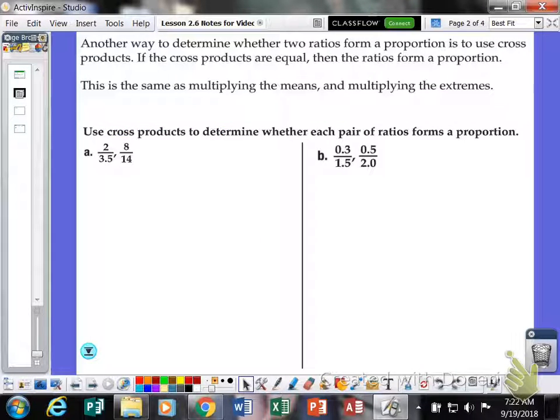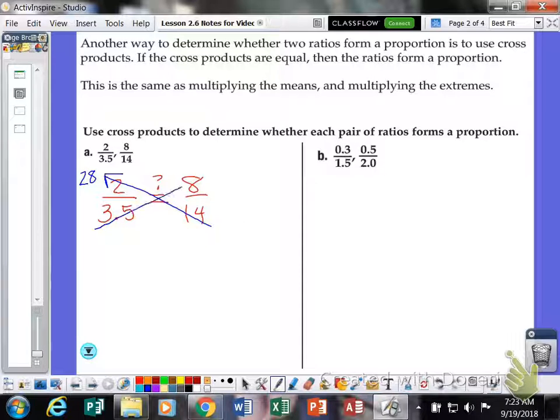All right, another way to determine whether two ratios form a proportion is to use cross products. So if the cross products are equal, then the ratios form a proportion. So what does that mean? We have a ratio 2 over 3.5, or 2 to 3.5. We're going to set it equal to 8 over 14, and we don't know if it's equal. We're going to check and see. What we do is we cross multiply. So multiply this way up: 14 times 2 is 28.